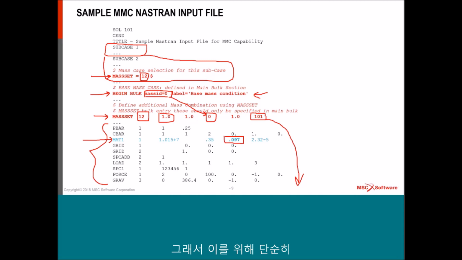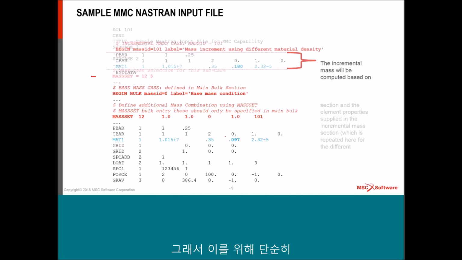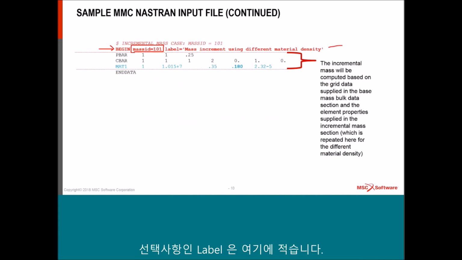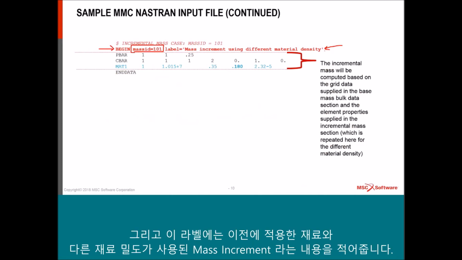So what we're going to do is simply insert in the lower part of our BDF a BEGIN statement with the mass ID that we called out earlier. This is the mass ID 101 that I called out earlier in my MASSSET bulk data card, with an optional label here where I'm describing what it is.